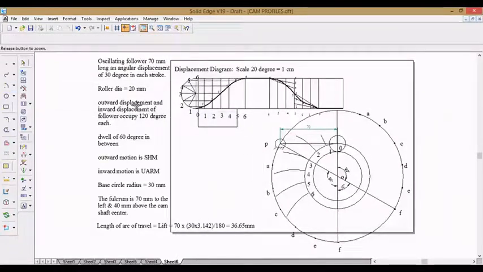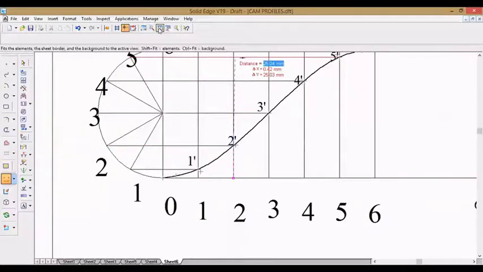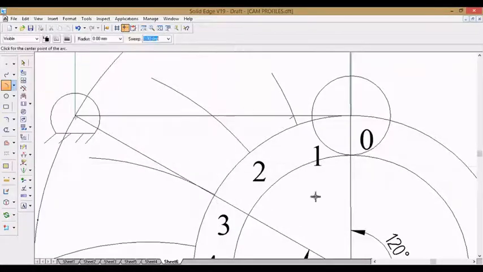The second measurement is 2 to 2 dash, 9.16. Keep the compass like that, 9.16. Cut an arc.